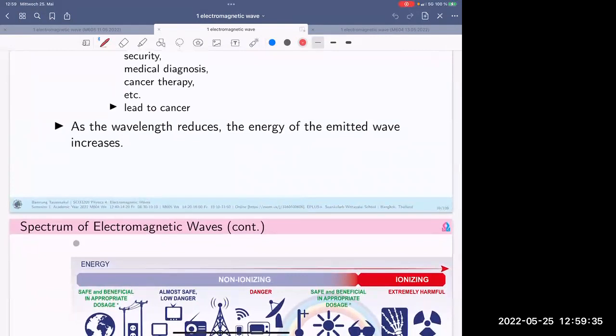It's equal to E equals hf. So when the frequency is greater, you get more energy. But we will not talk about that in this chapter.